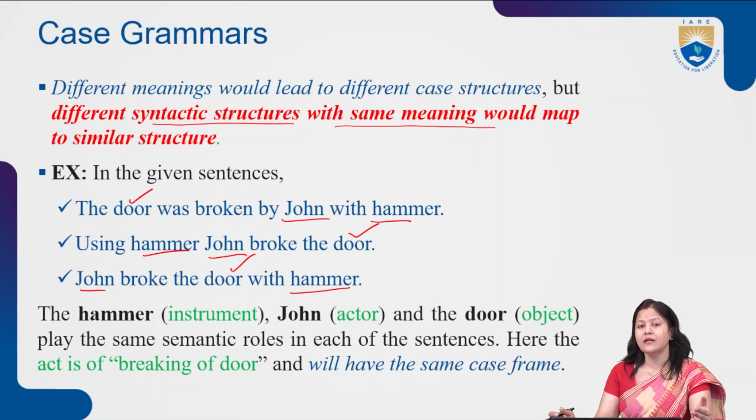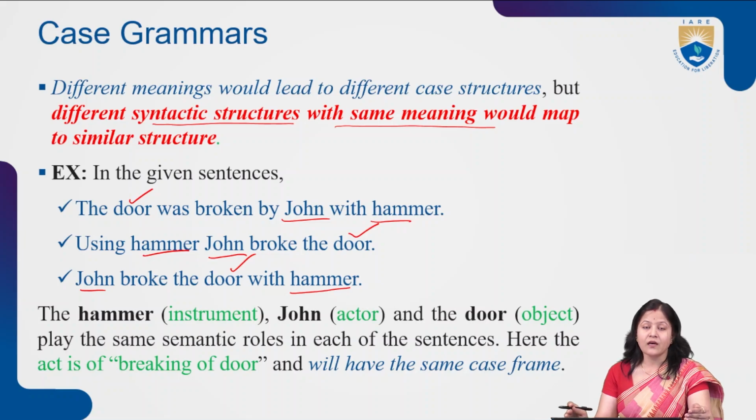If you observe these 3 sentences keenly, though they are represented in different ways, they provide the same meaning. The door was broken by John with a hammer. Using a hammer, John broke the door. John broke the door with a hammer. All 3 statements provide the same meaning with a different syntax.